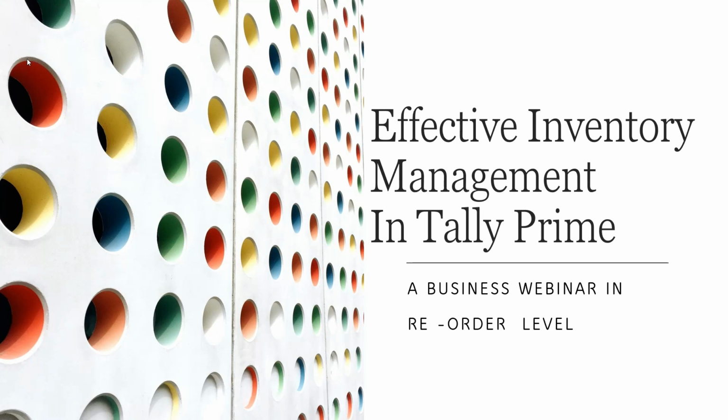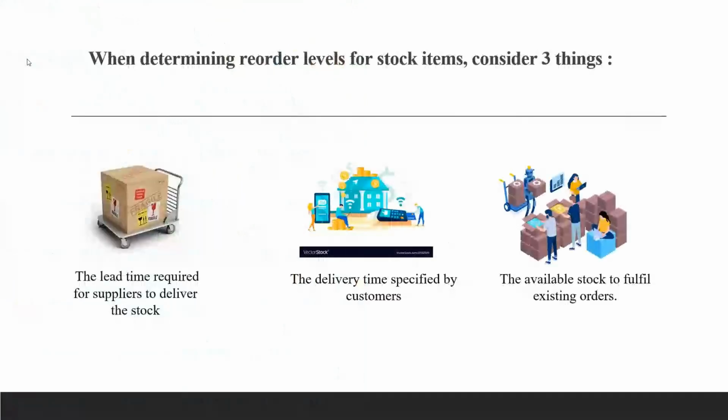When determining the reorder level for a stock item, we want to consider three things. The first one is the lead time required for the supplier to deliver the stock. That means the time between the purchase order and the purchase, which we want to consider first before setting reorder. The next point is the delivery time specified by the customer, that is the time gap between the sales order and the sales.